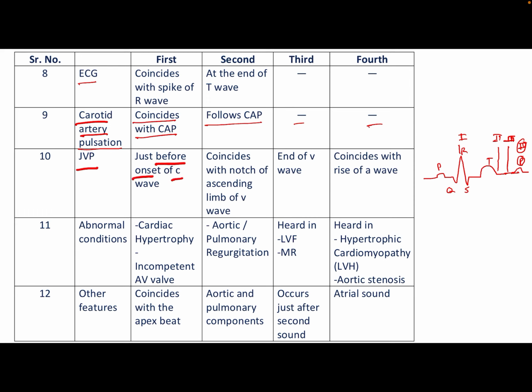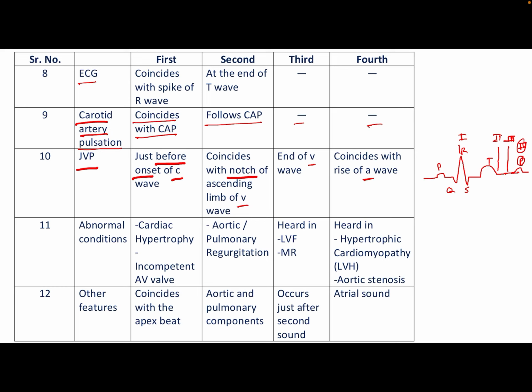Second heart sound, it coincides with notch of the ascending limb of V wave. Third heart sound, it is heard at end of the descending limb of the V wave. And fourth heart sound, it coincides with the rise of A wave, that is atrial contraction.